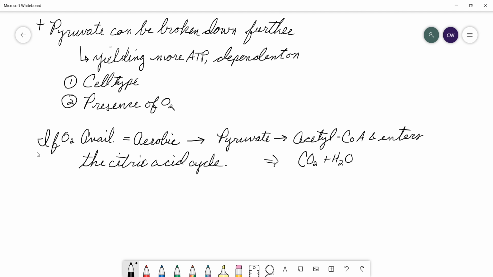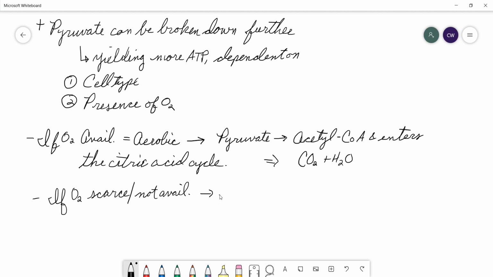The other option, okay, is if oxygen is not available, if it's scarce. Okay?